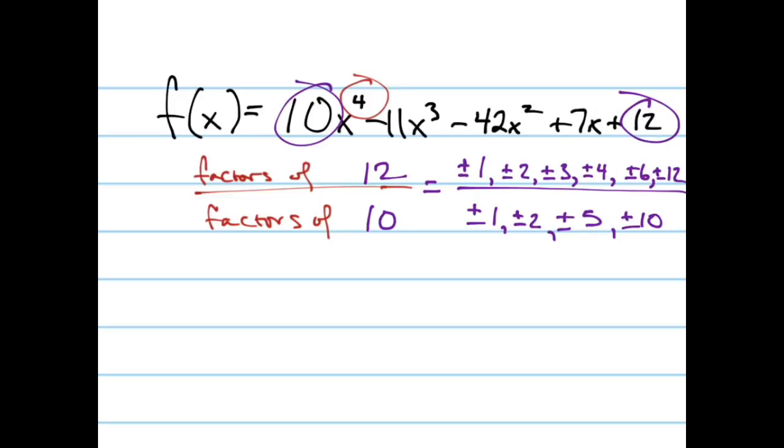Alright, so if we set up our ratios and simplify, which you guys had lots of practice with yesterday, we have plus or minus 1, plus or minus 2, plus or minus 3, plus or minus 4, plus or minus 6, plus or minus 12. Then we have 2 over 1.